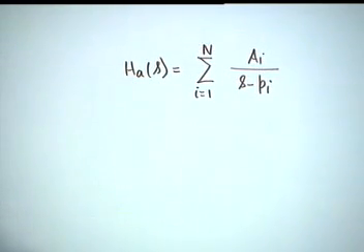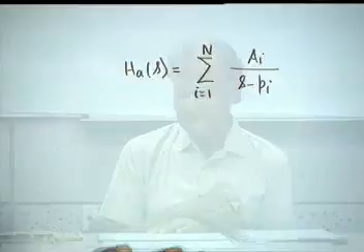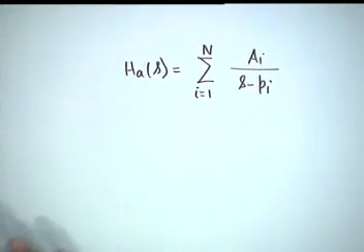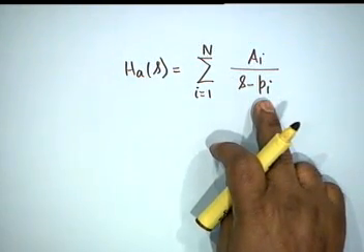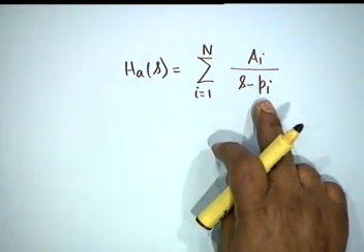Suppose we have capital N poles in the transfer function, and let all the poles be distinct. p i can be real or complex, but the real part of p i must be negative. s equal to p i is the pole, and poles must be in the left half of the s plane. So, real part of p i must be negative.